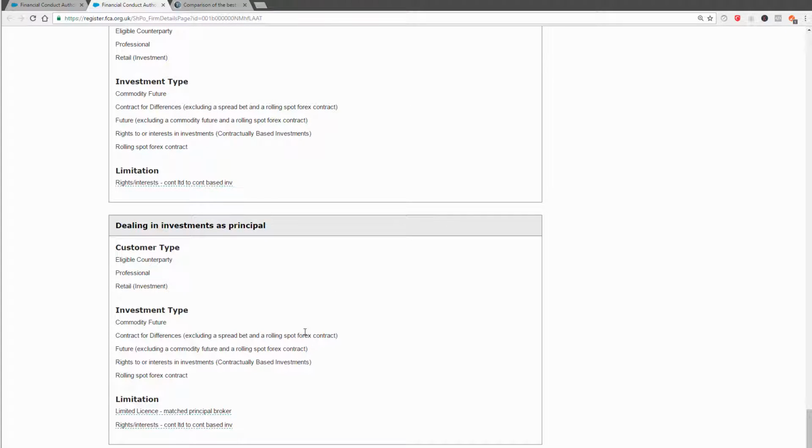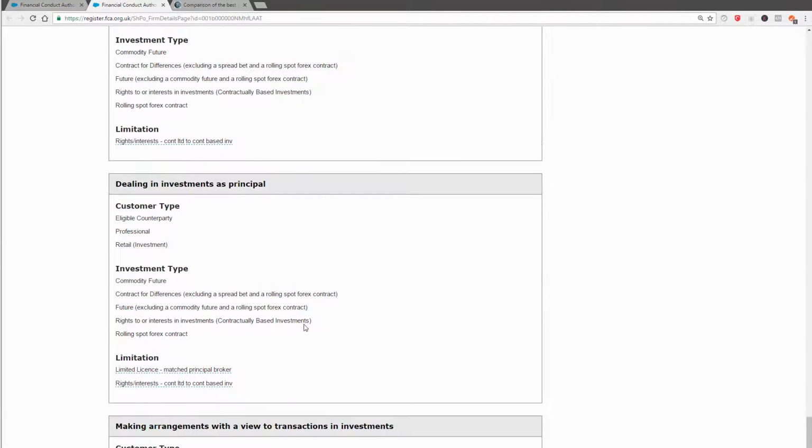Obviously, if it's a UK regulated broker, I'm not sure how you find this out for other regulated brokers in the world, but that's how you do it for the UK. And UK regulation is one of the best in the world, plus your deposits are secured for up to £50,000 if the broker does go bust.